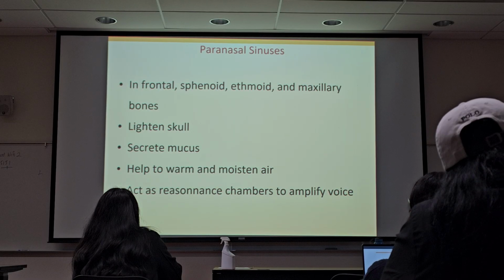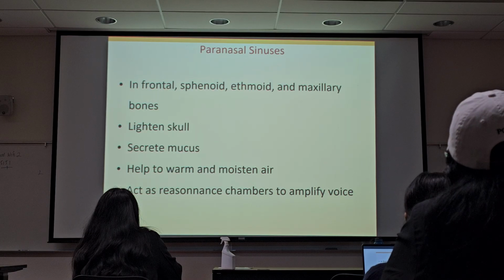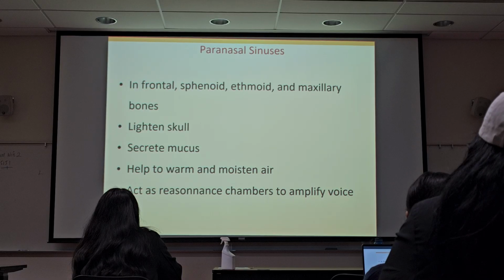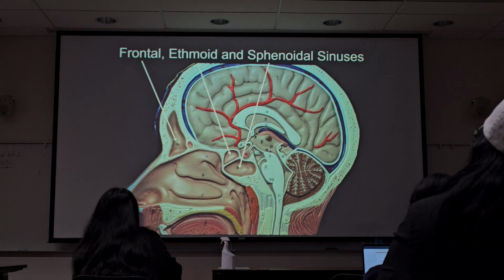They help to lighten the skull. They act as resonance chambers for the voice, okay? They kind of amplify our voices, and they're helping to warm and moisten the air as well. When pressure builds up in here, we have a sinus headache, right? Why does that happen a lot?